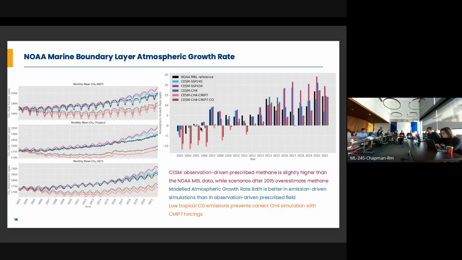And so we are also reproducing the atmospheric growth rate very well, where the negative or low atmospheric growth rate from 2003 to 2006 is actually quite well reproduced by the CSM methane simulation.